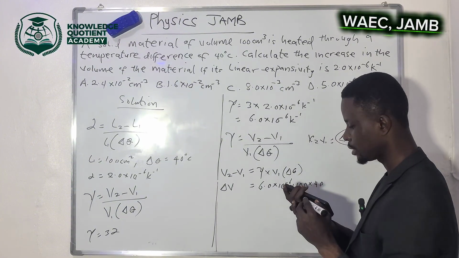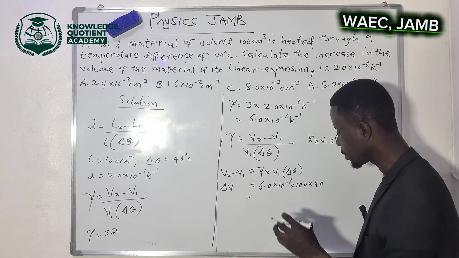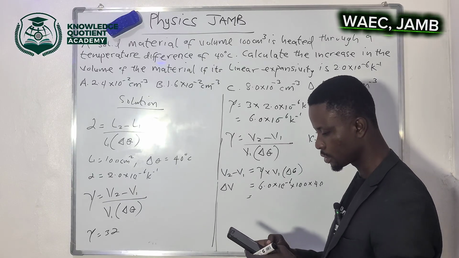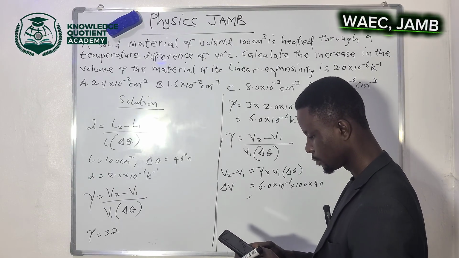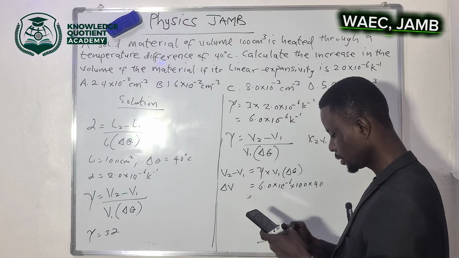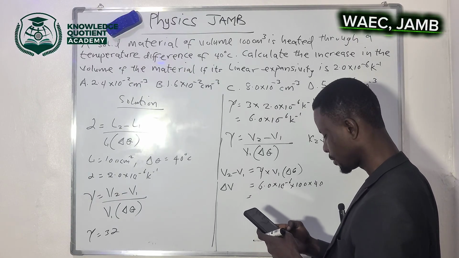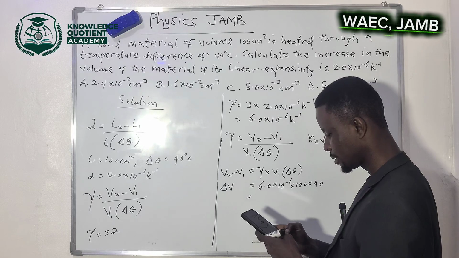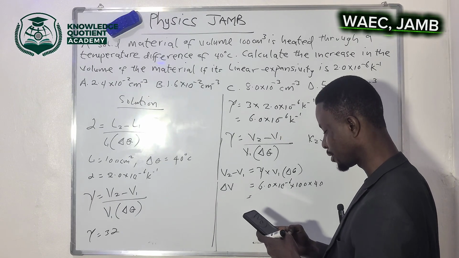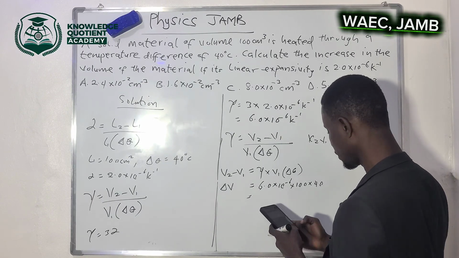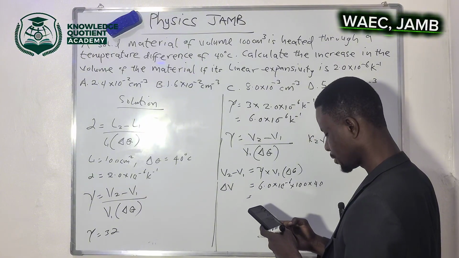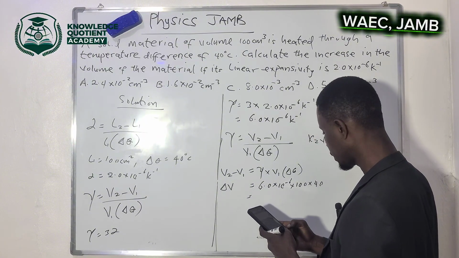All right, so now let's multiply this on our calculator. 6 times 10 raised to the power minus 6, times 100, times 40.